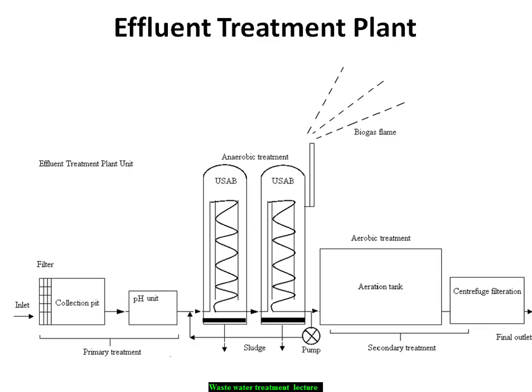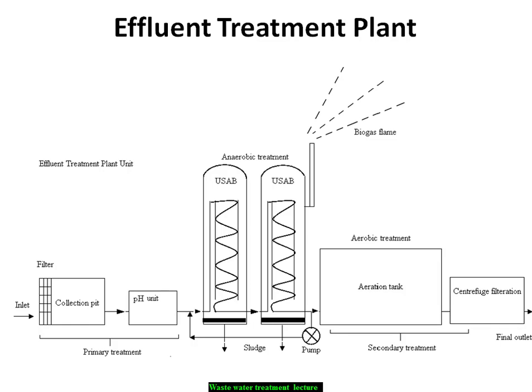After this anaerobic treatment, this effluent is again sent into the huge aeration tank. Here in the aeration tank some aerobic bacteria are already present. These aerobic bacteria treat this effluent again because it has a small amount of dissolved oxygen. They decompose the effluent material again and convert it into something like fresh water.